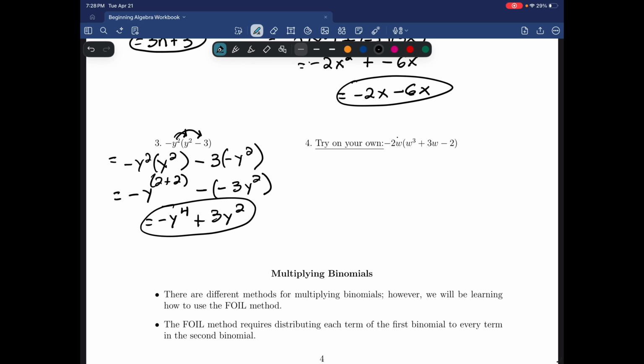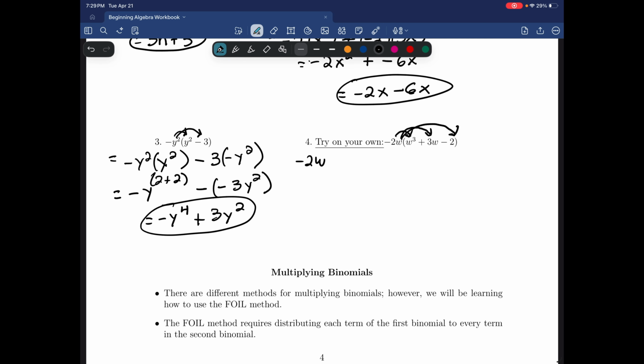So, as always, we're going to distribute in what's out in front. So we're going to distribute in that -2w. So we get -2w times w cubed plus 3w times -2w plus, or in this case, minus 2 times -2w.